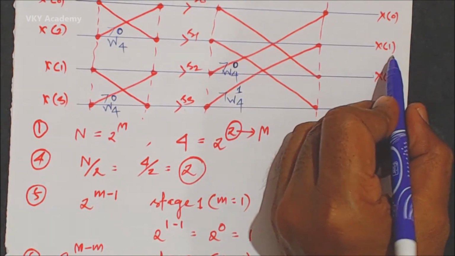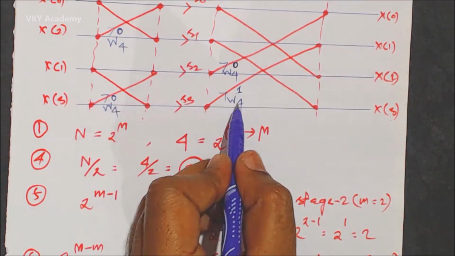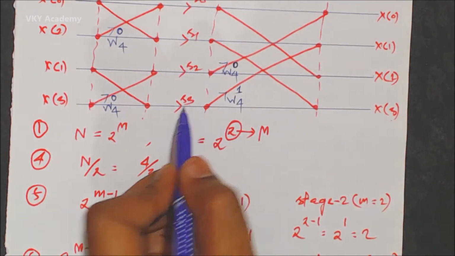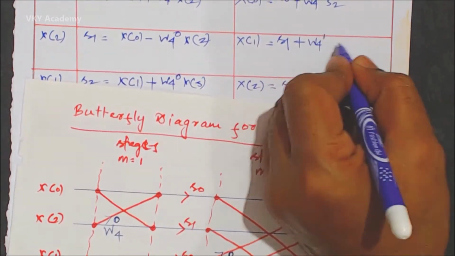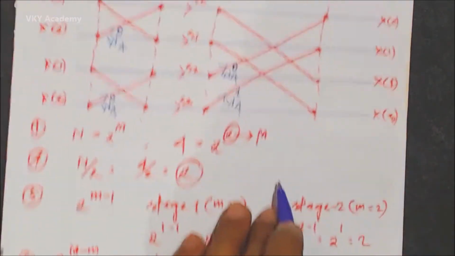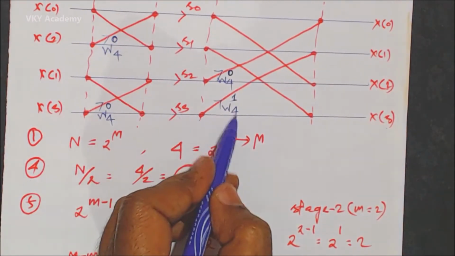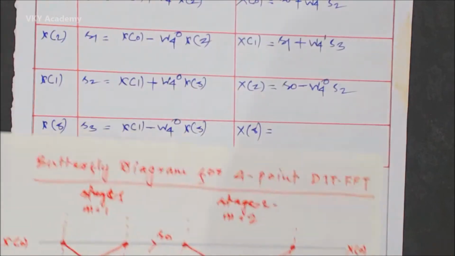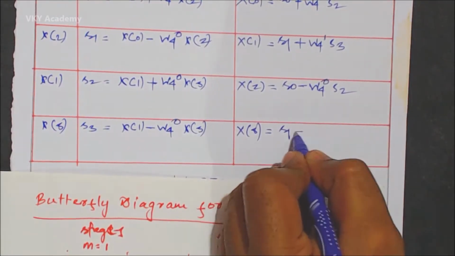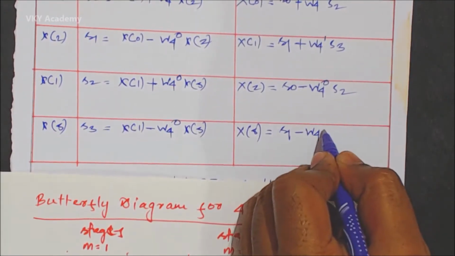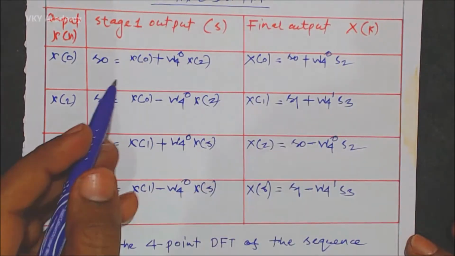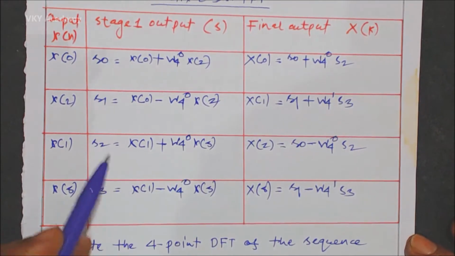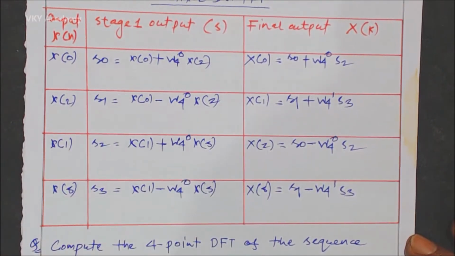So capital X1 will be S1 plus W4 to the power 1 into S3, and X3 will be S1 minus W4 to the power 1 S3. So we have developed the basic equations for the calculation of first stage output and the final stage output.